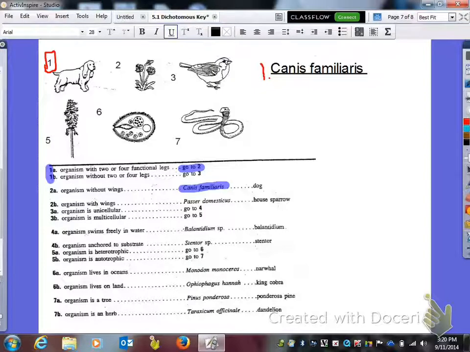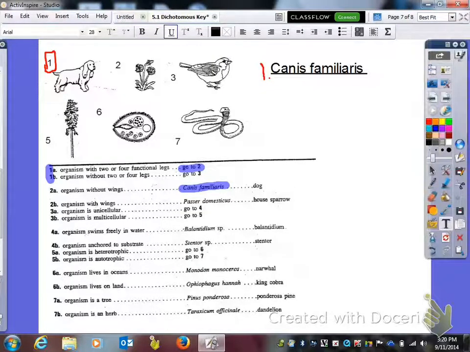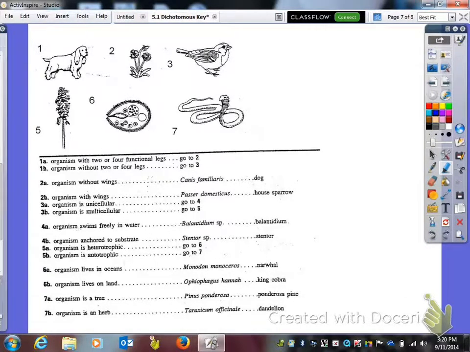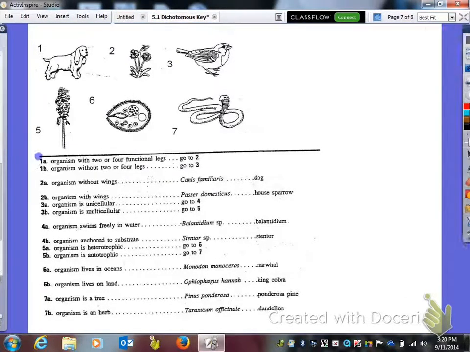All right, I want to do one more practice. Let's see. I'm going to erase what I got here. We're going to now do number 2. So, looking at number 2, we always start at number 1. Organism has 2 or 4 functional legs. That is definitely not number 2. 1B, organism without 2 or 4 legs.